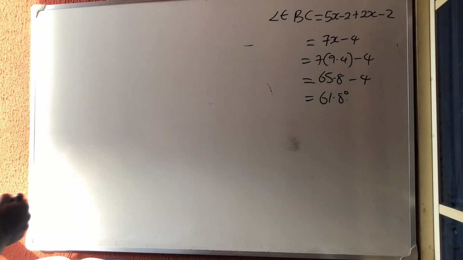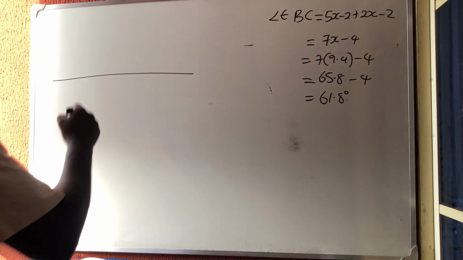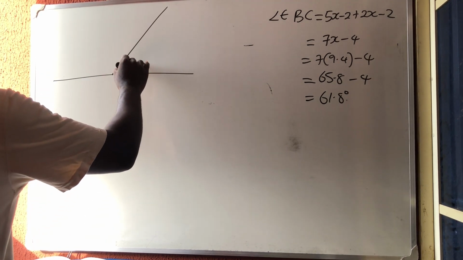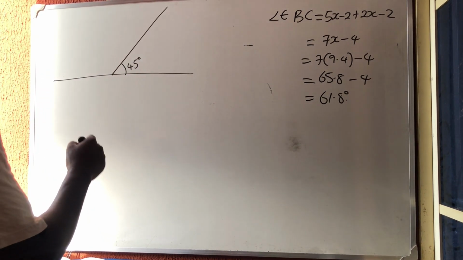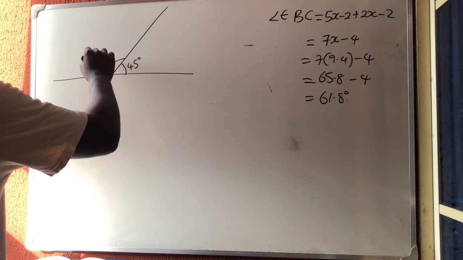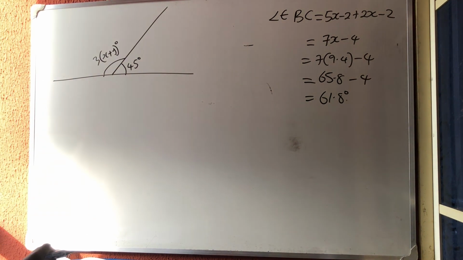So the next one we'll look at is, okay, look at another one we have. We have this, and they say that here is 45, and they say that here is 3 in bracket of x plus y degrees.